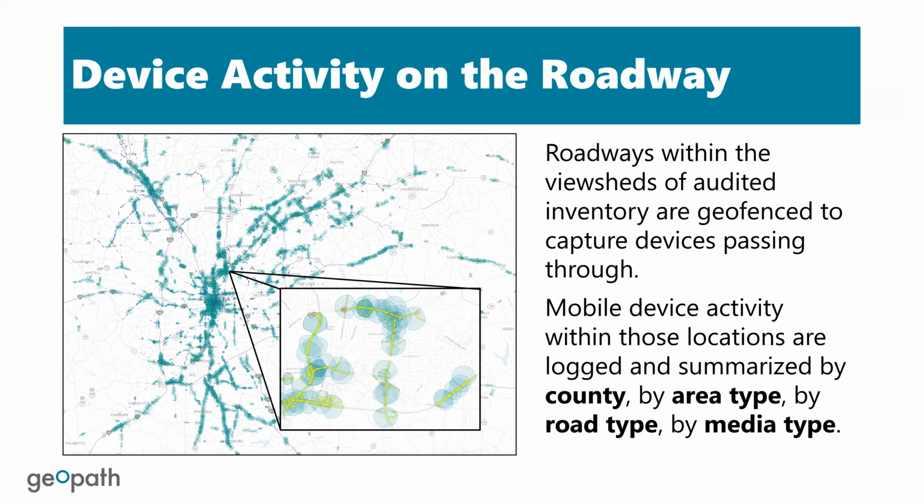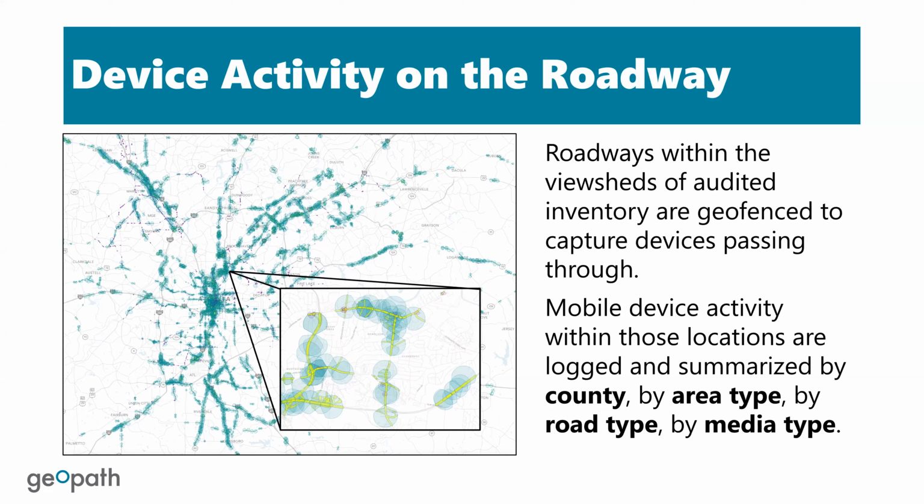So thanks to the fantastic auditing work of our operations team, we have reviewed hundreds of thousands of our inventory over the past year, and have these very precise roadway assignments of not only where the inventory is located and the correct lat, long, and orientation, but also the roadways from which they can be seen.